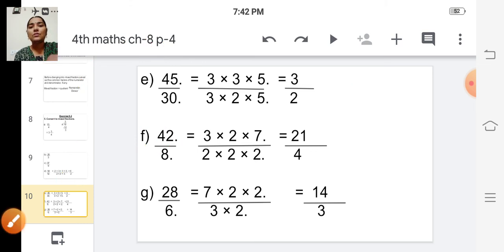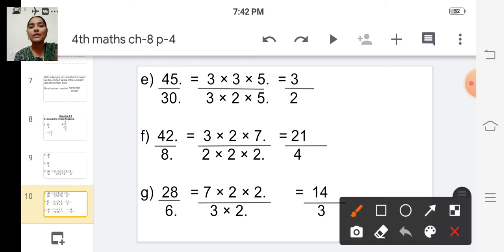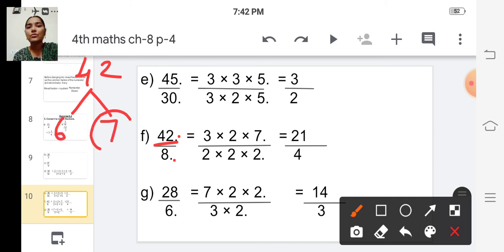Okay, so look at the next fraction, 42 divided by 8. So we have to find out the factors of 42. 6 7s are 42. So 7 is the prime factor, and 3 2s are 6.